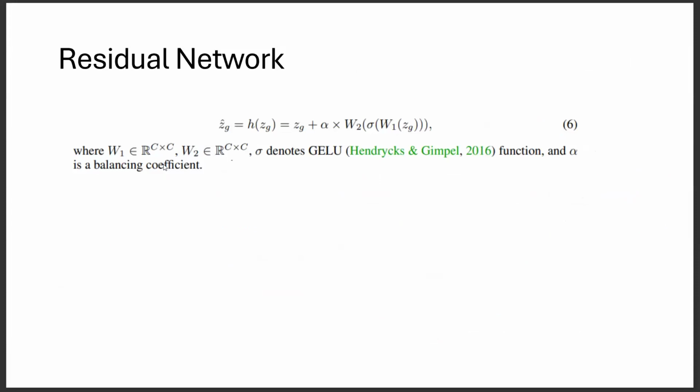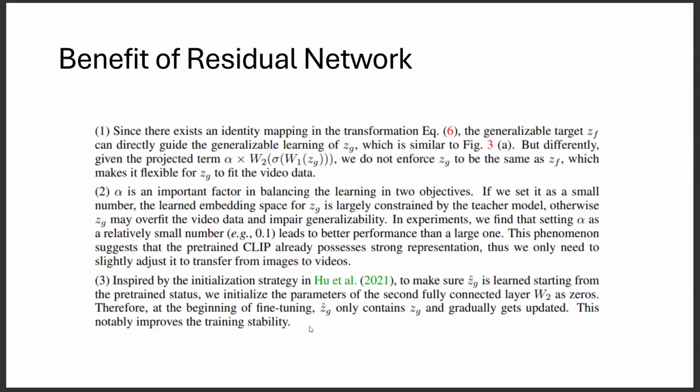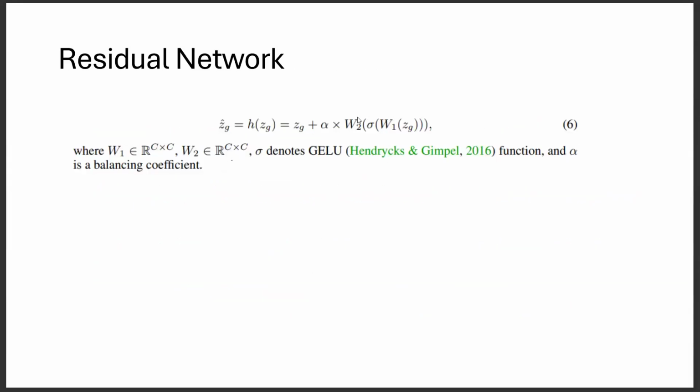And the third portion is here. What they say is they initialize this W2, the last MLP layer, as 0. So when the training is starting, the value of this whole part is 0, so it doesn't add anything at the beginning of the training.